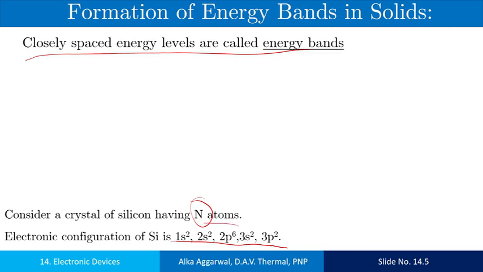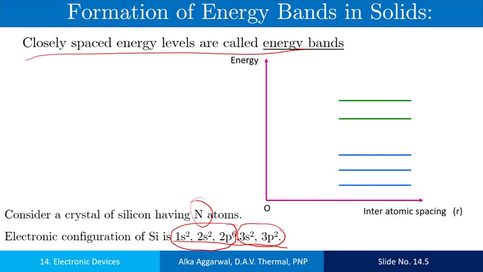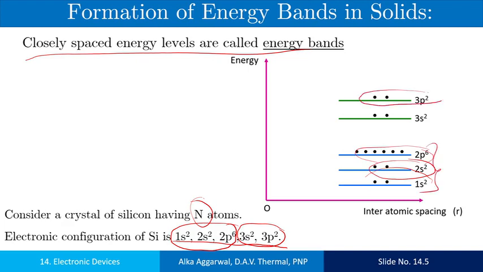These levels are completely filled and these levels are unfilled. They need more electrons. Now, there are 2 electrons in 1s2, 2 electrons in 2s2, 6 electrons in 2p6 and it is completely filled. But in 3p, there are only 2 electrons instead of 6.